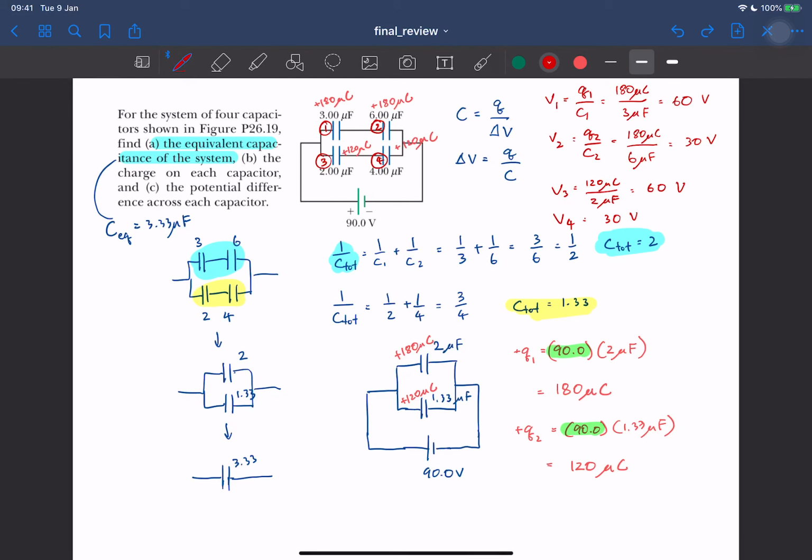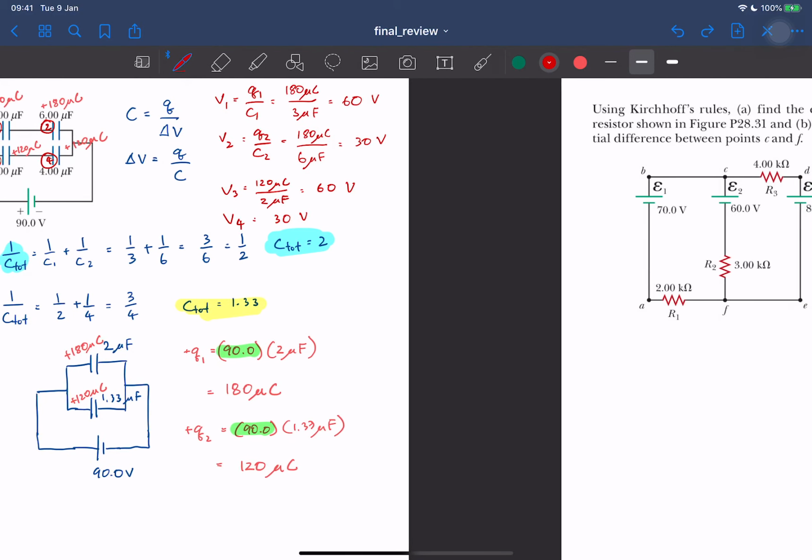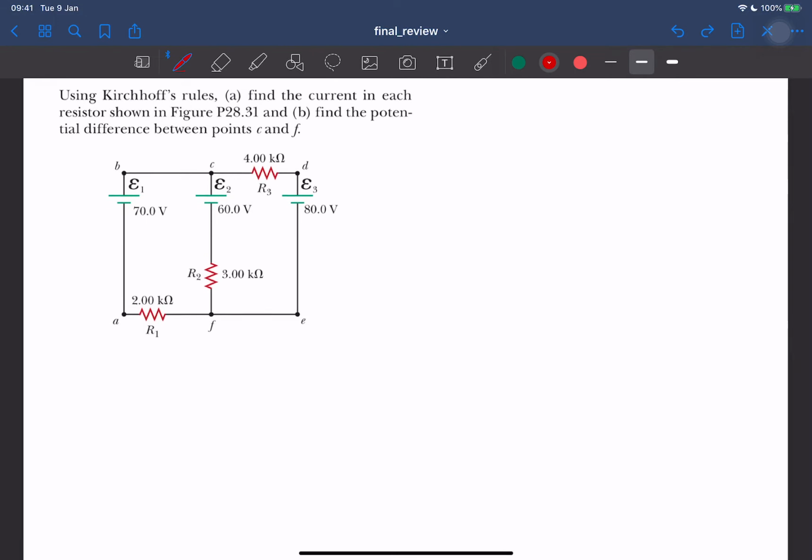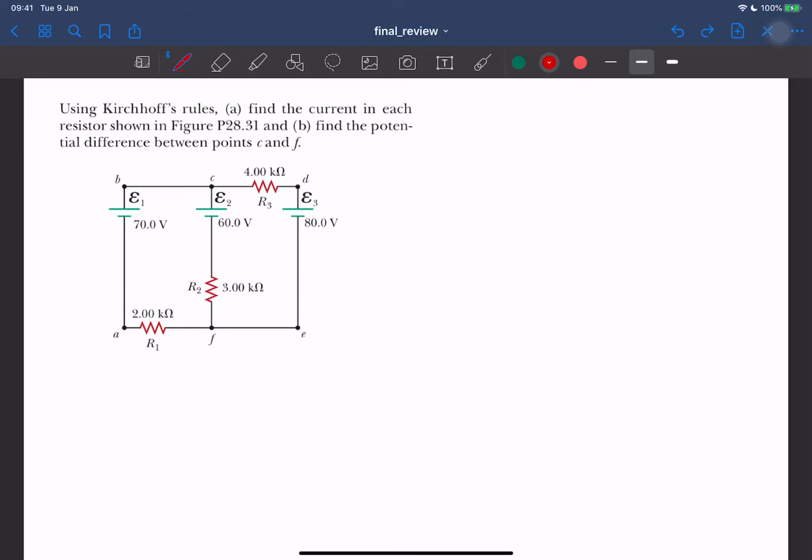Okay, so let's move on to this one again. This one is Kirchhoff's rule, so it might be a bit difficult. So I'll give you a few minutes.